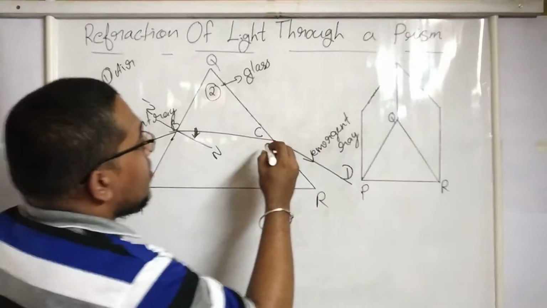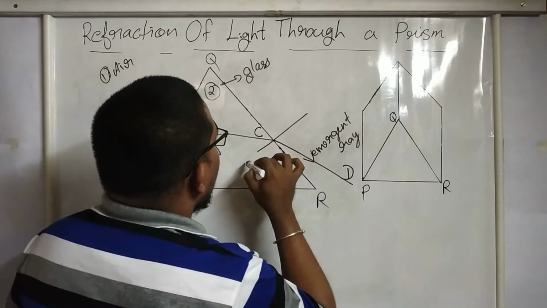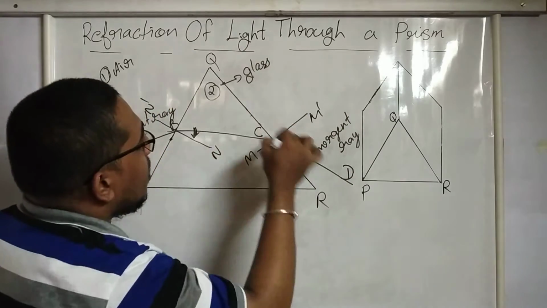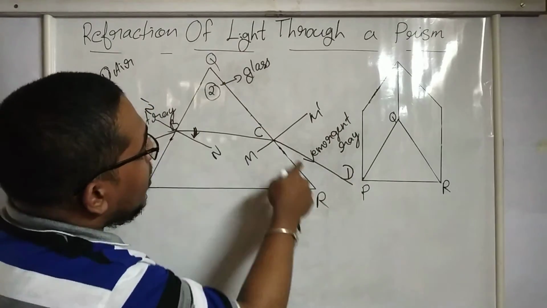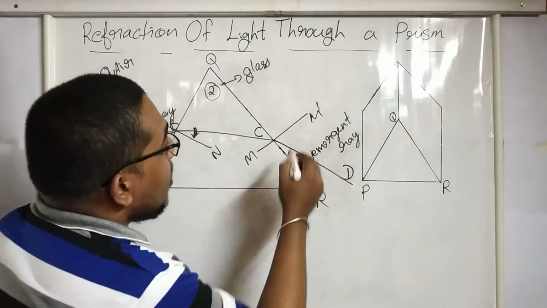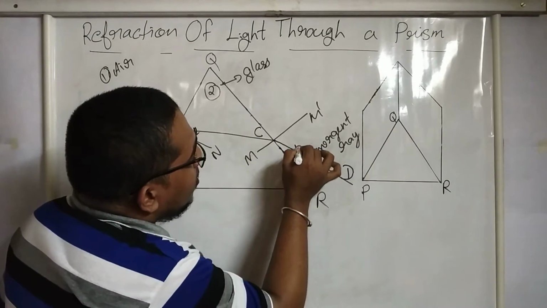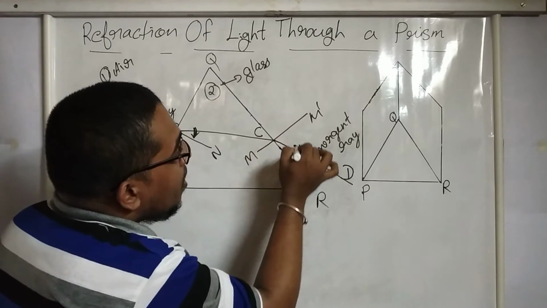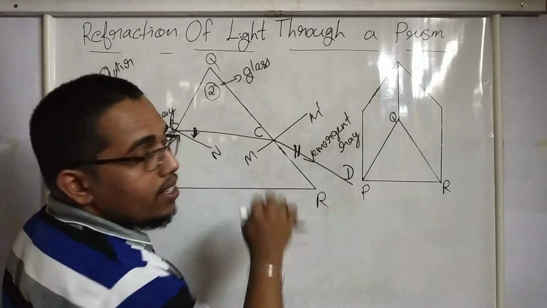Clear? In the same way, draw another normal to the opposite side, the refracting surface QR. Here the emergent ray is away from the normal. Why?